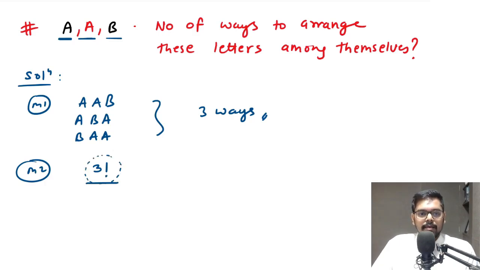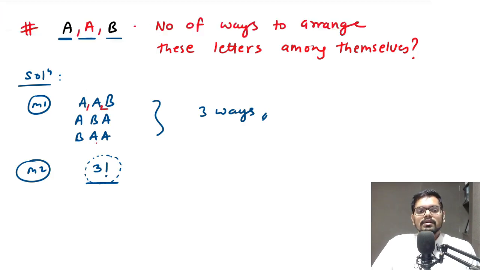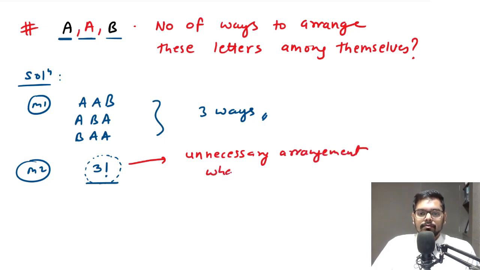You know it very well that I rearranged these A's by taking them as A1, A2, and I said that A2 can come first, A1 can come later, so on and so forth. So unnecessary arrangements were made. So how to overcome that unnecessary arrangement? By a very simple trick, just divide this by 2 factorial.